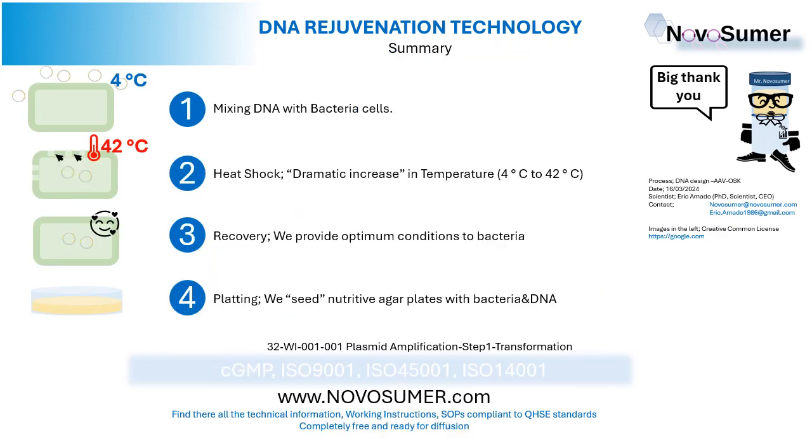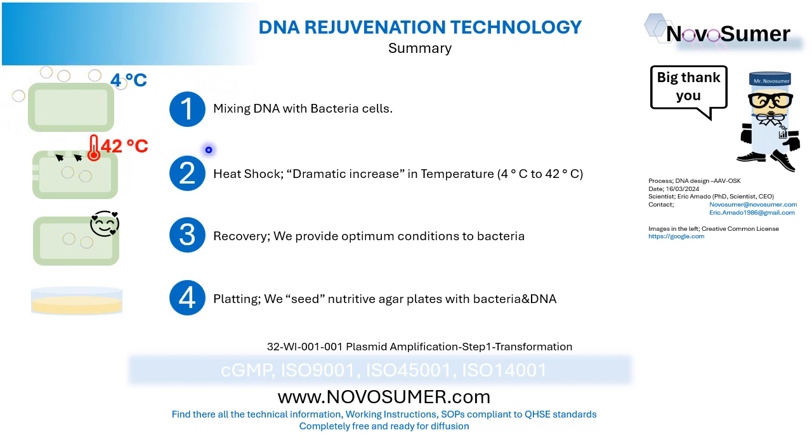Well, we are wrapping up, and we cannot say goodbye without the summary of what we have just seen in this session. So we perform 4 steps. Just 4 steps are necessary for transforming DNA inside bacteria cells. What we did first was mixing the DNA with bacteria cells, as you can see here in the figure.